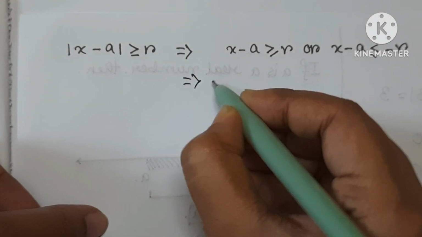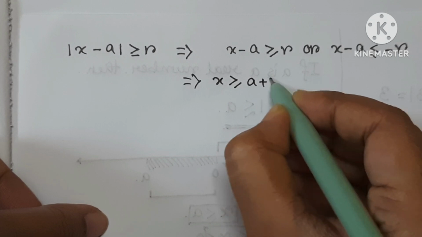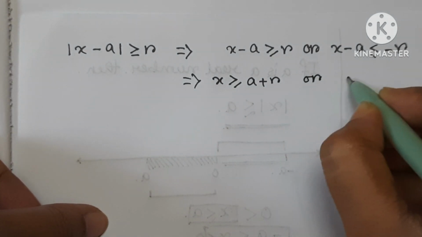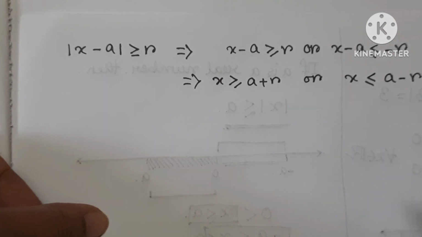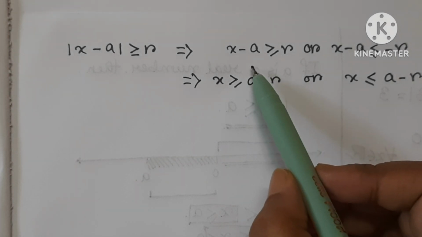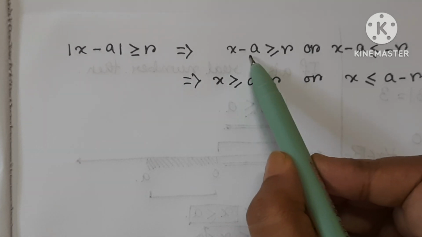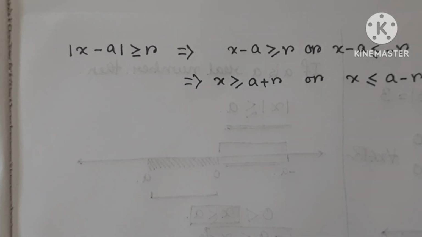Now that implies x is greater than or equal to a plus r, or x is less than or equal to a minus r. Okay. Here I just transfer this term from this side to that side. Here also. Okay.